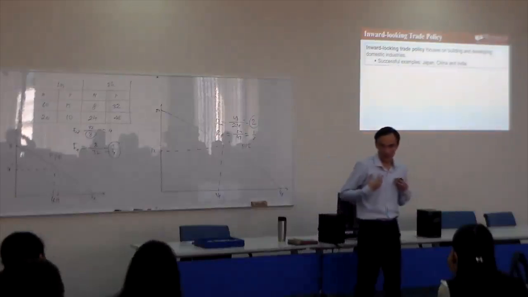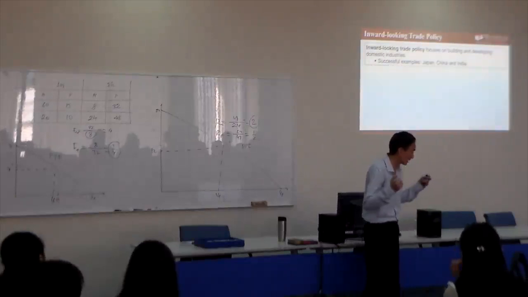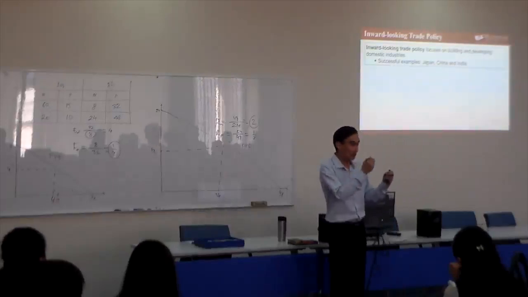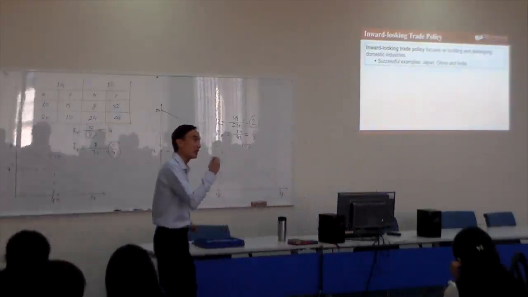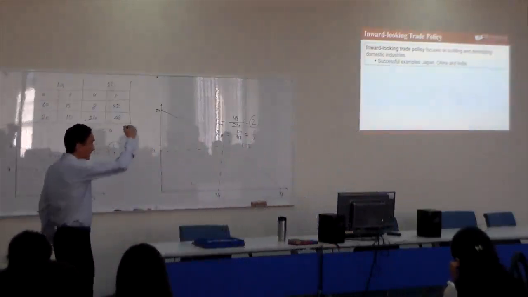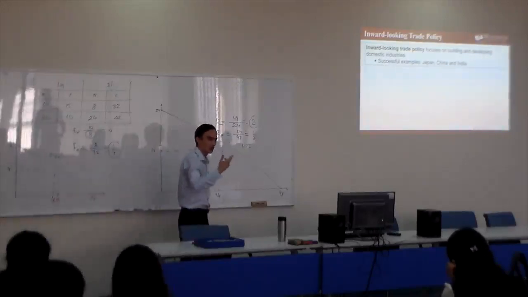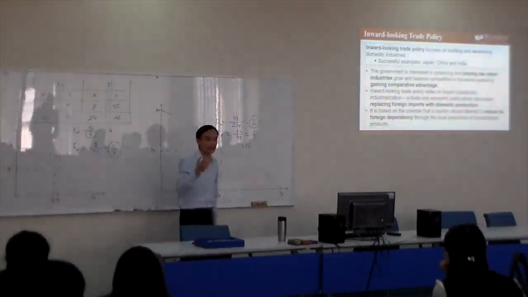Today, for example, Uzbekistan doesn't have comparative advantage in the production of many things. But if we are given a chance, we might be able to develop that comparative advantage. So some countries try to follow inward-looking trade policy, which means they try to support their industries.